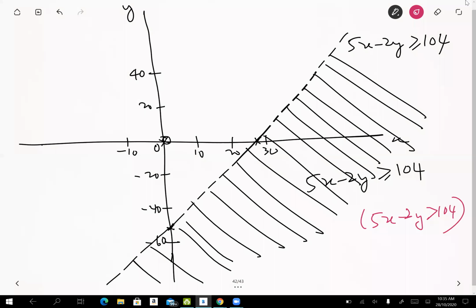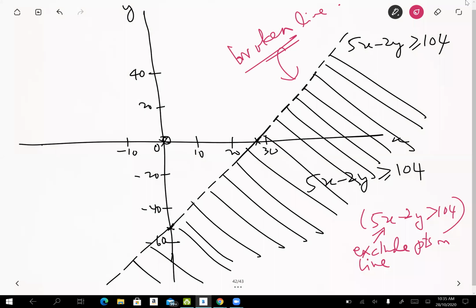That excludes the points on the line. But that will be done after you get the inequality, or when you draw the graph of the equation, you draw it using the broken line.